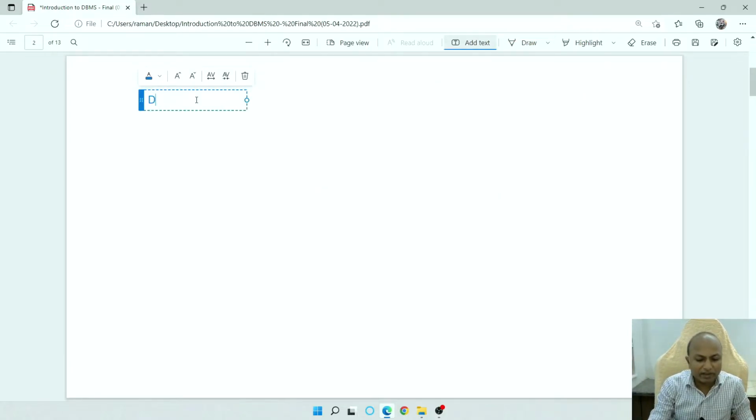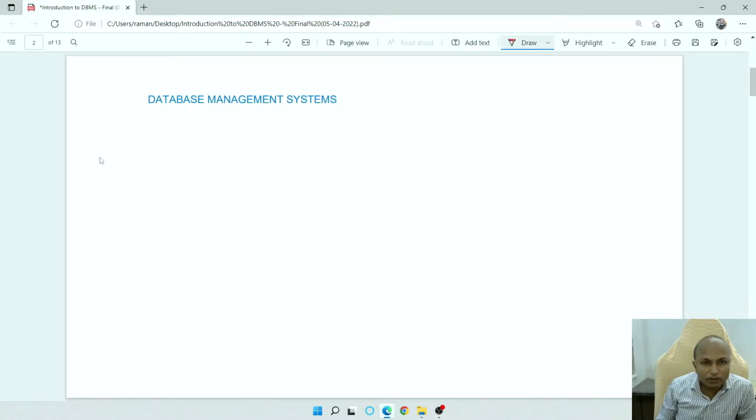Now let us discuss database management system. In that, first we need to understand what is meant by data and how to extract information from the data, thereby how to extract the knowledge. After that, we will see what is meant by database.